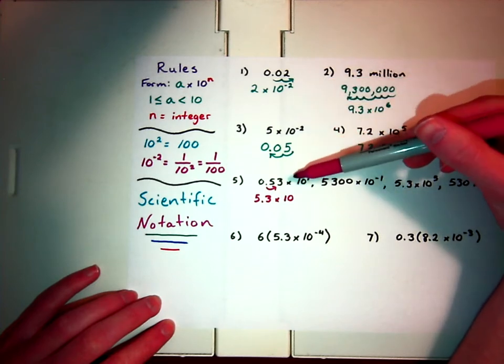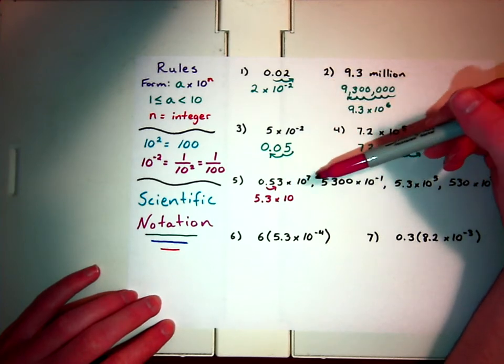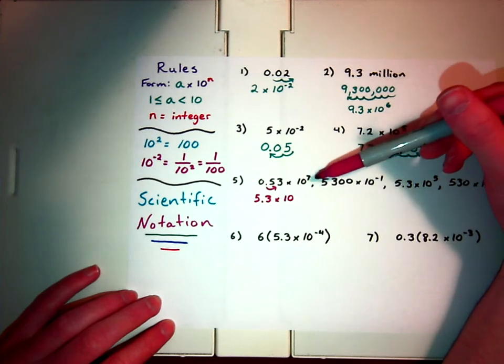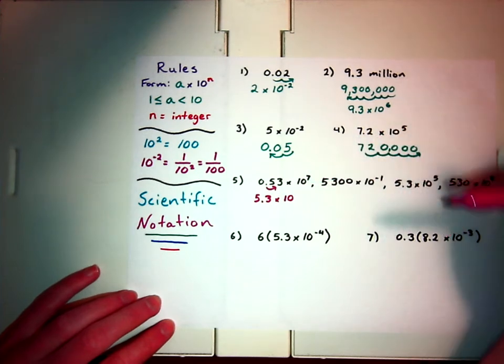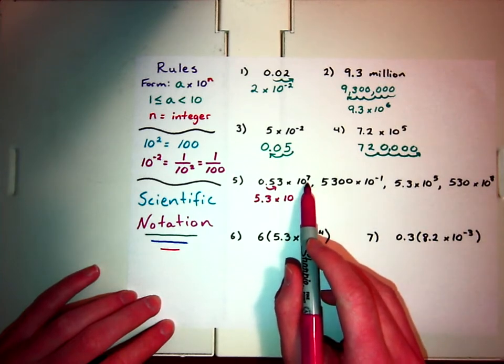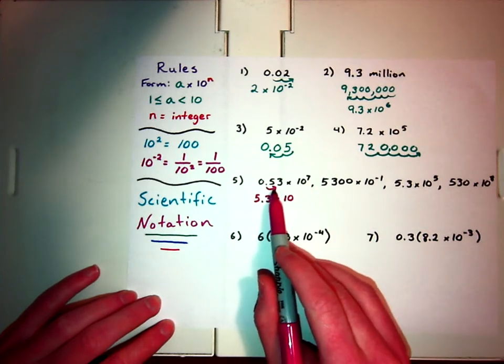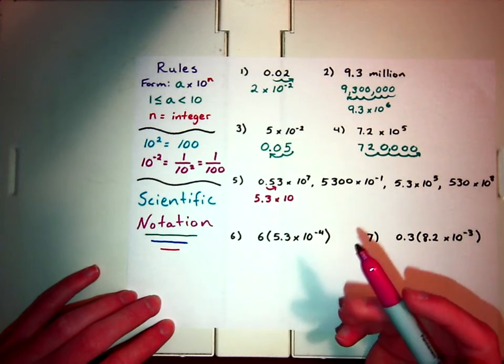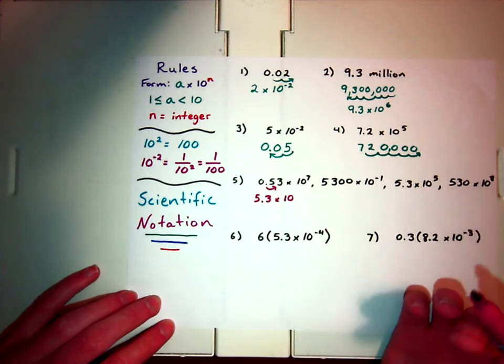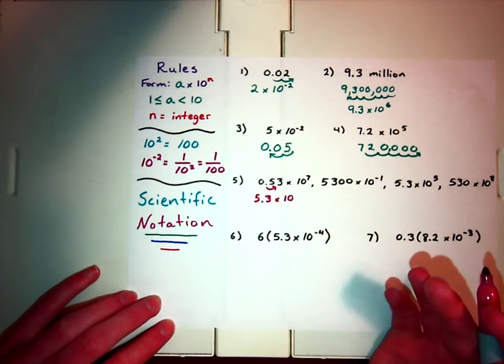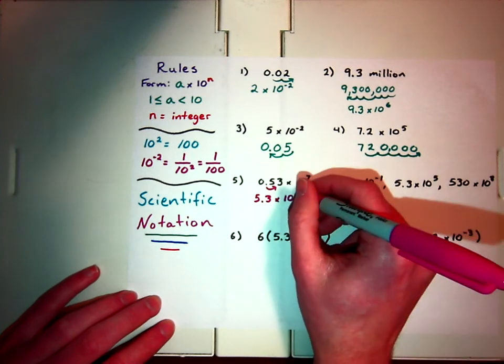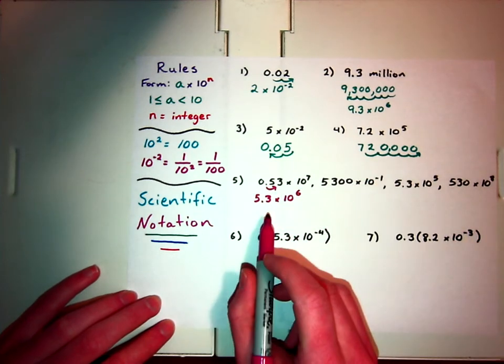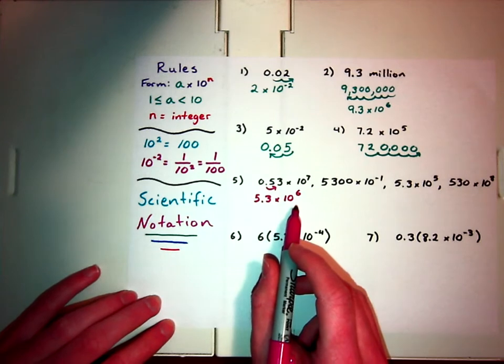Well, we moved it 1 to the right, so that would be like saying negative 1. But we're already given 10 to the 7th power. So what you would do is simply say, if it had 7, I moved it 1 to the right, so it would be negative 1. Do 7 plus negative 1. Well, if we have 7 and we take away 1, we have 6. So we're going to get 5.3 times 10 to the 6th power.